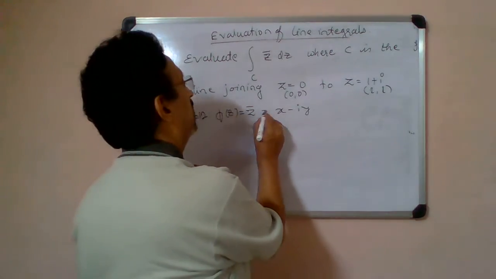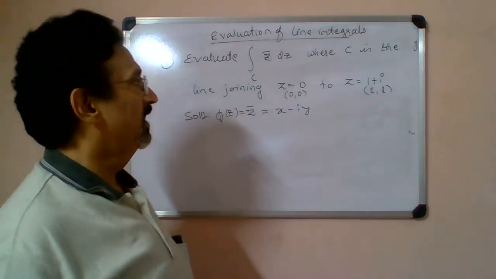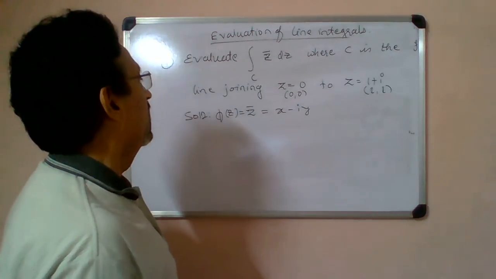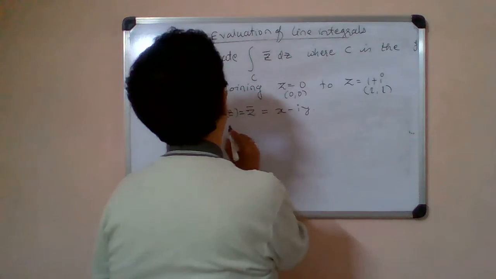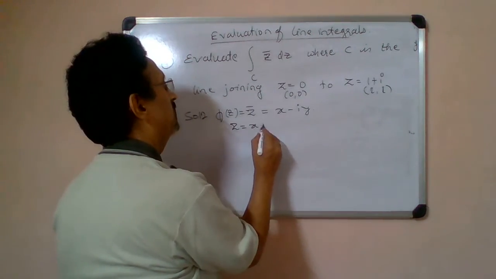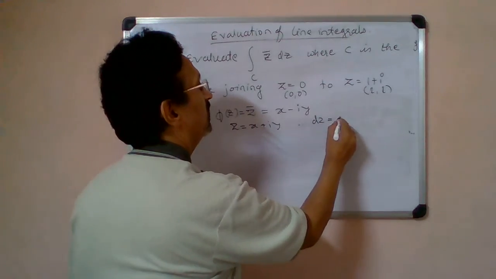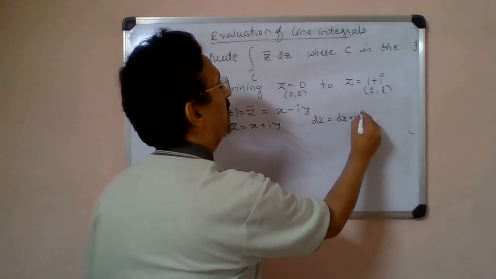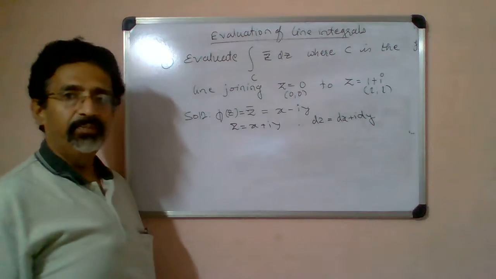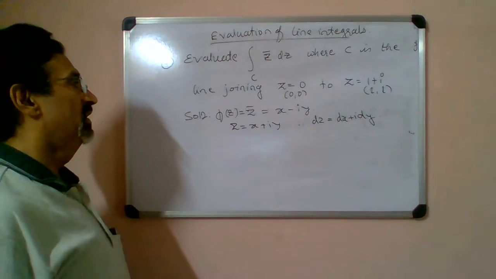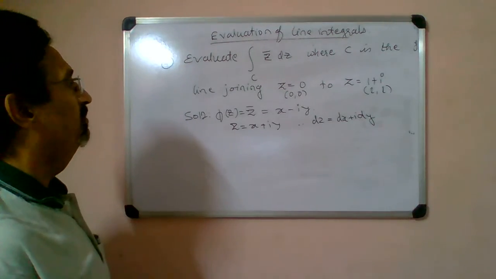So z bar is equal to x minus i times y, right? Then z is x plus i times y. Therefore, what will be dz? dz is dx plus i times dy.